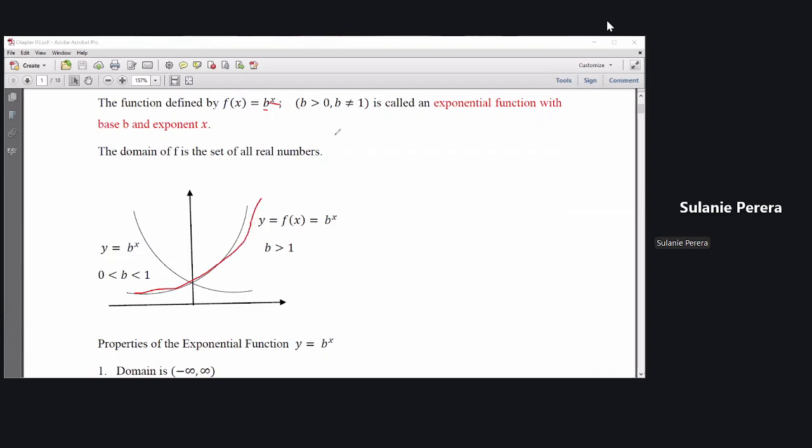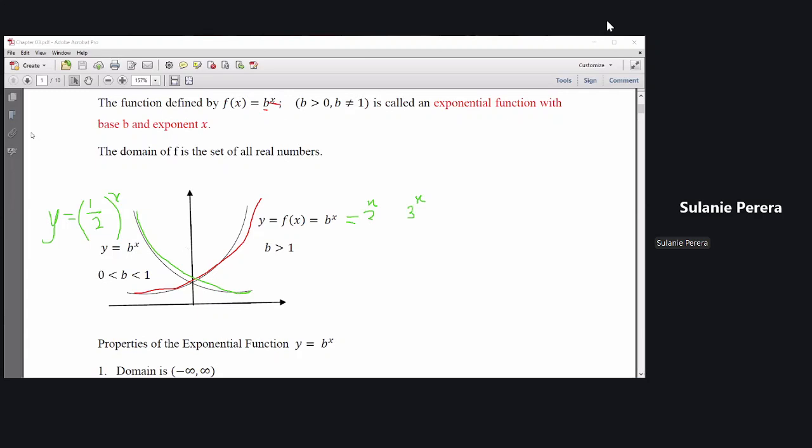And if b is between 0 and 1, that is something like y equals 1/2 to the power x, so this is the shape. This red curve is for all the values of b greater than 1, like 2 to the power x, 3 to the power x. Whereas if b is between 0 and 1, it will have this green curve shape.